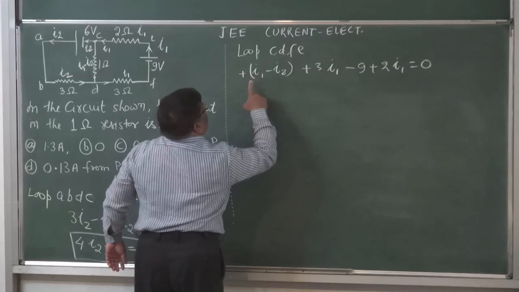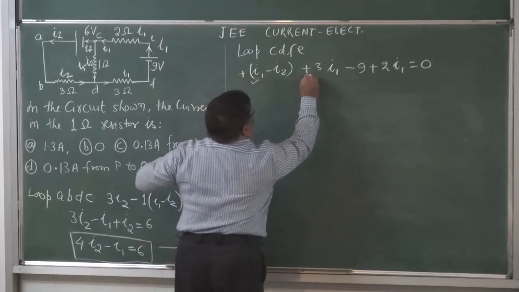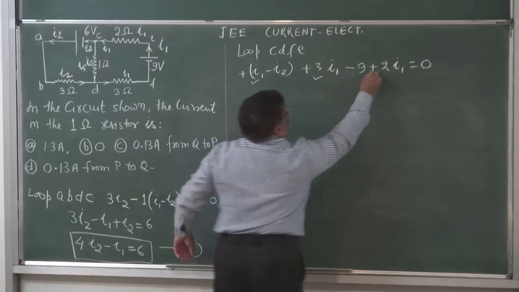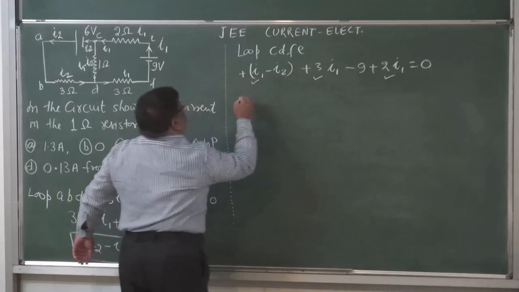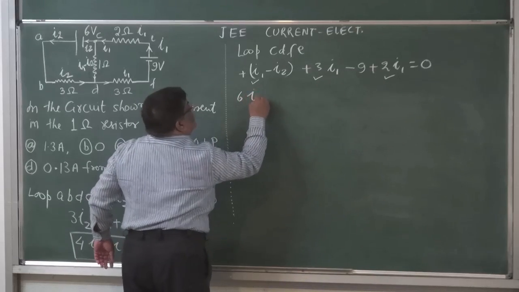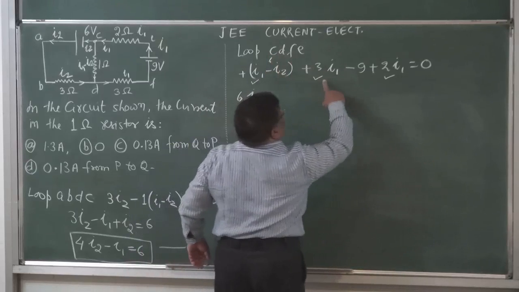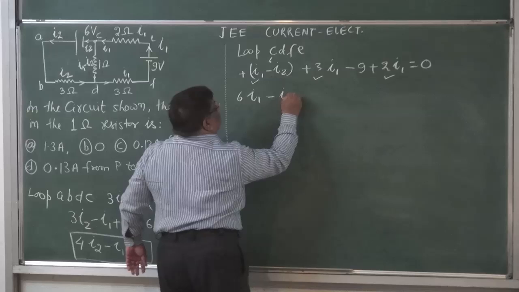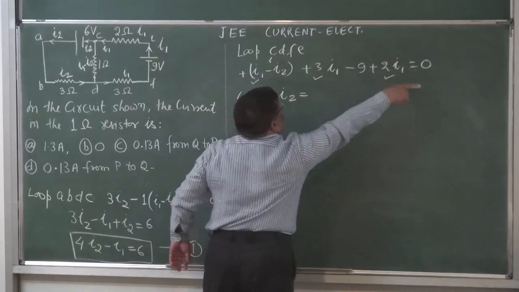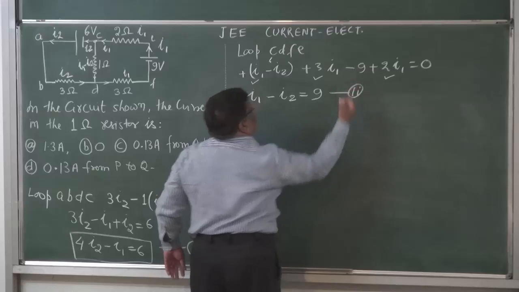So this is I1 plus 3 I1 plus 2 I1, 3 and 2 is 5 and 1, 6 I1, minus I2, and no other I2. Minus I2 is equal to minus 9, so 9 goes here. This is equation number 2.